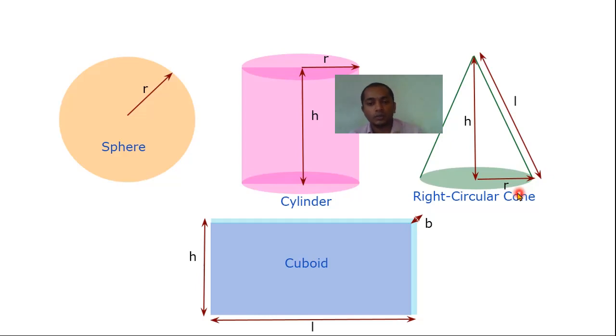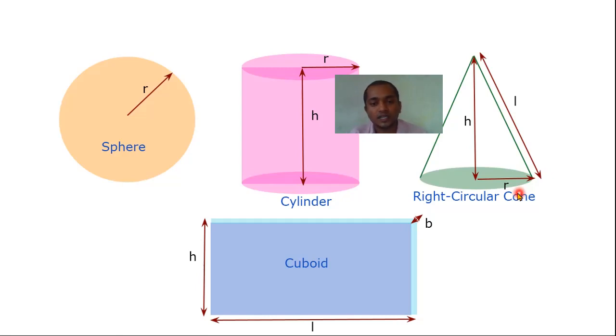That will give you 2 into 3S square, and then you will have the overall area of the whole cube as 6S square. And in case of volume, instead of L into B into H, you can just multiply S into S into S, and you will get S cube. That's how we find out the volume of a cube.